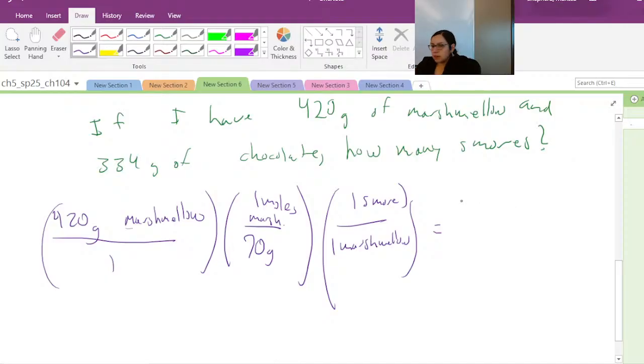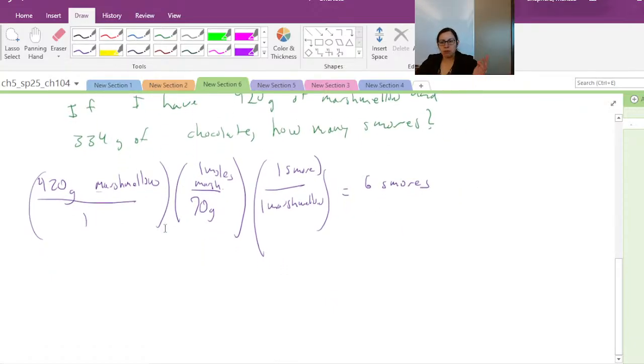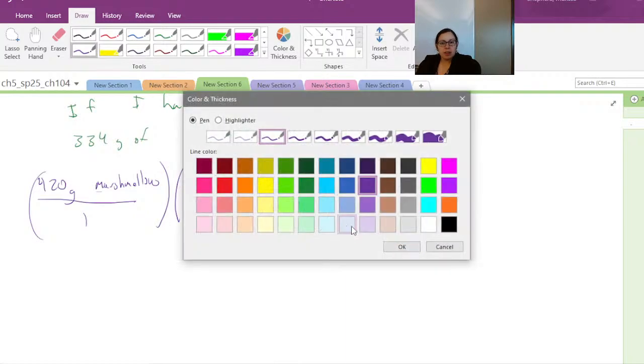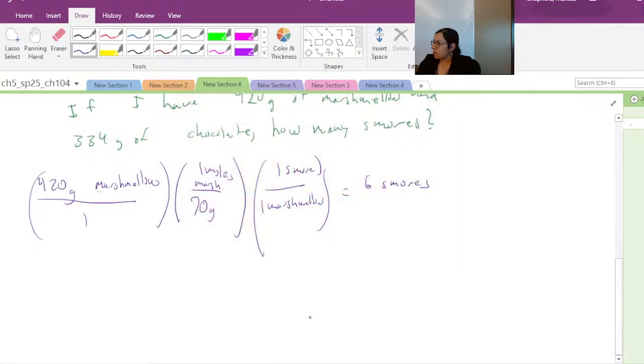So 6. It sounds like people agree. So 6 s'mores. And then we have to repeat that. It's kind of the tedium of these problems. So yes, you have to do it twice. And so 334 grams now of chocolate to compare.